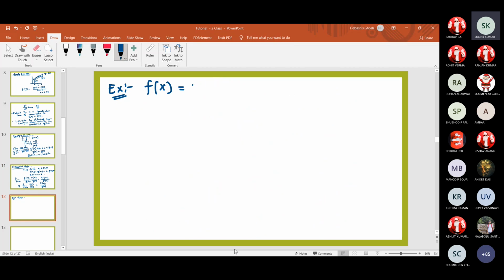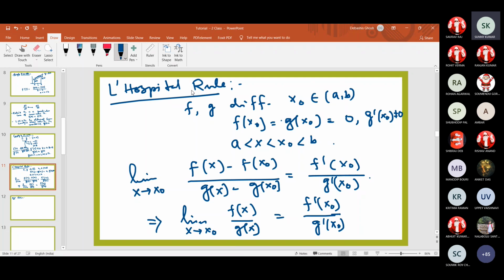So we are saying something about some examples. I want to show you an example that this condition is most important, because if we are not getting that g of x is equal to 0, then it will not satisfy this criterion. It means the value of this limit will not be the same as this one.